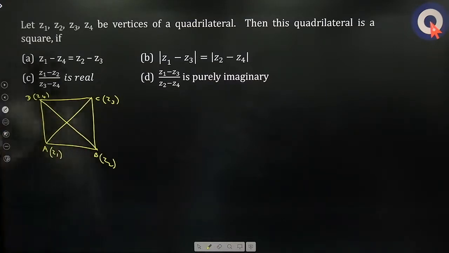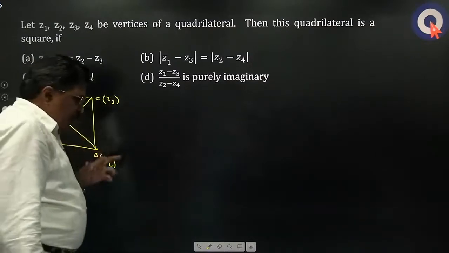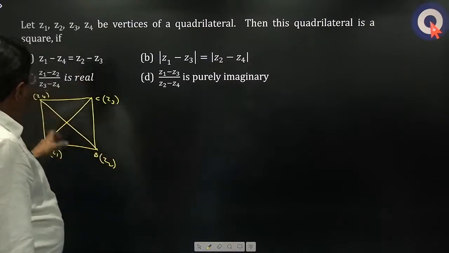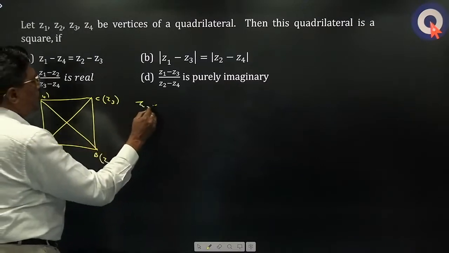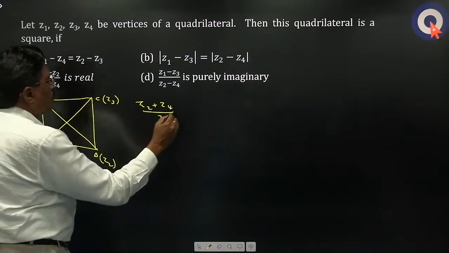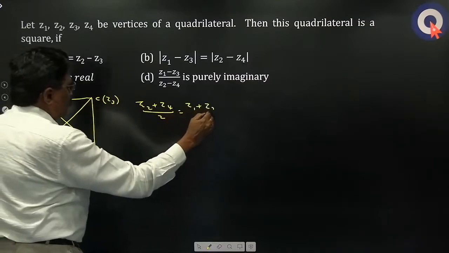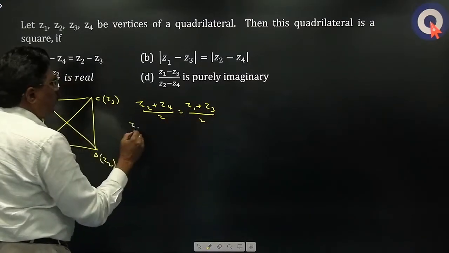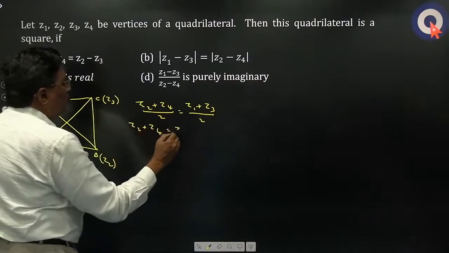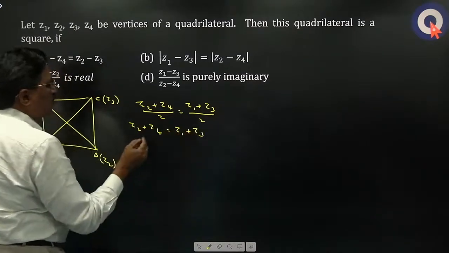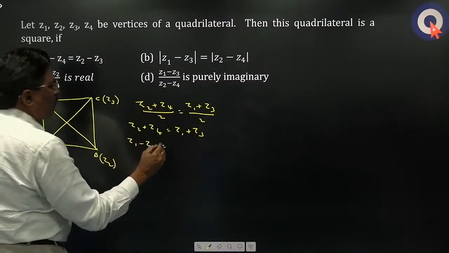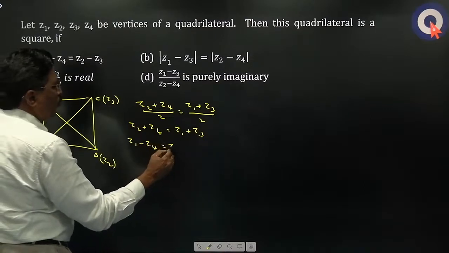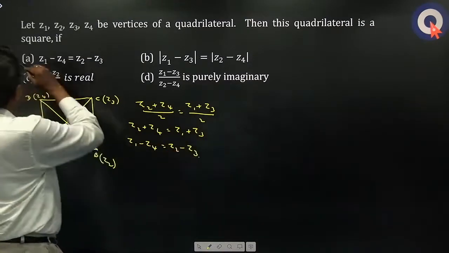If it has to be a square, the diagonals have to bisect each other. So Z2 plus Z4 by 2 is equal to Z1 plus Z3 by 2. So you have Z2 plus Z4 is equal to Z1 plus Z3. So this is Z1 minus Z4 is equal to Z2 minus Z3. So option A is correct.